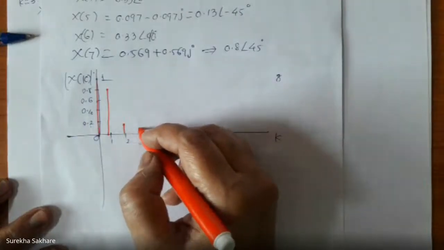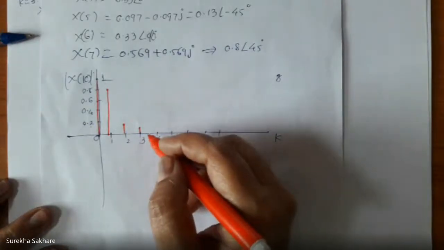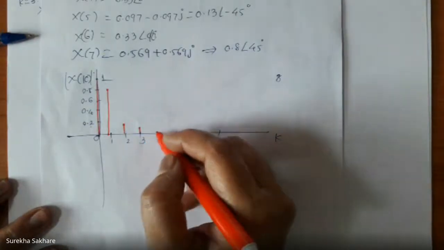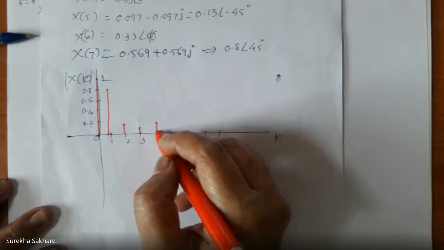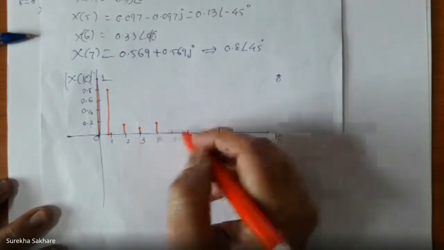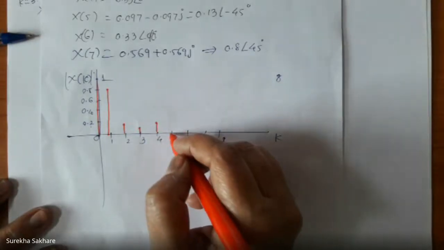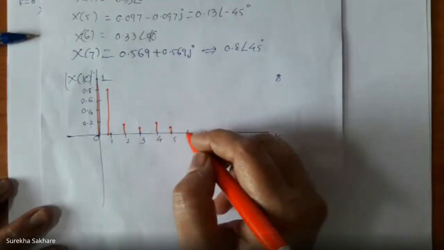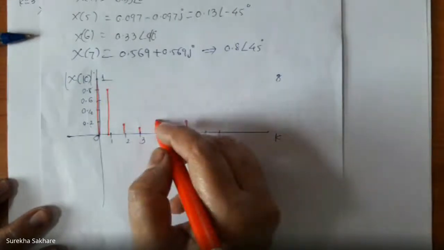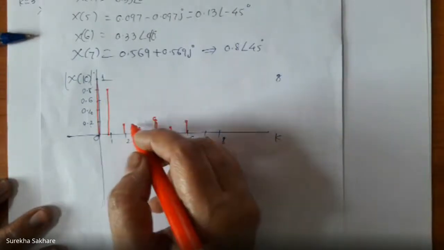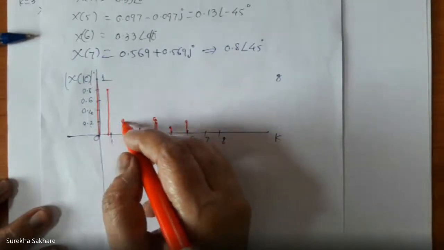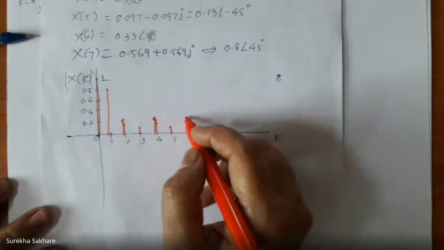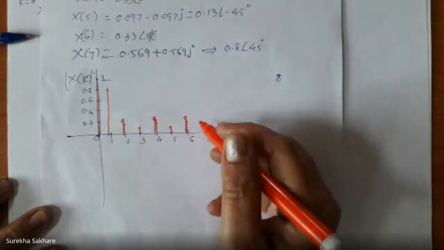Then I have x4 is 0.33, then x5 is 0.13, x6 is 0.33, then x7 is 0.88.